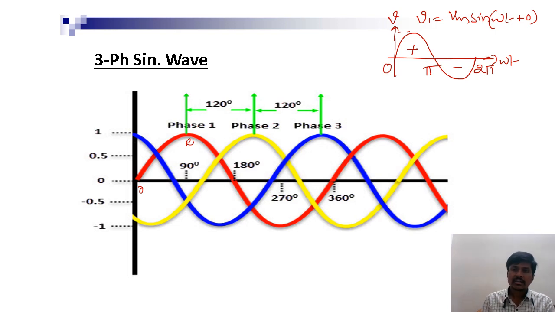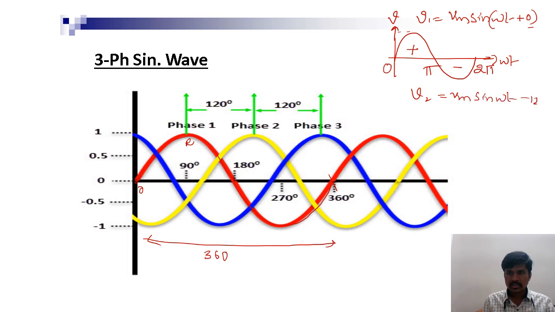Let us assume this voltage starts at 0 degrees and moves along the axis to complete 360 degrees. That means it completed one complete cycle. The other expression is V2 is equal to Vm sine of omega t minus 120.